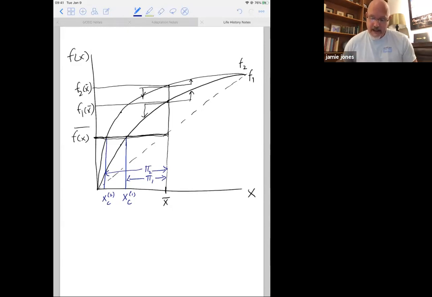This means that if you're playing this highly curved gamble, you should be willing to pay more for certainty. And that's exactly what this difference in the certainty premia is capturing. So this basically tells us that you are more risk averse the more curved your fitness or utility function is.